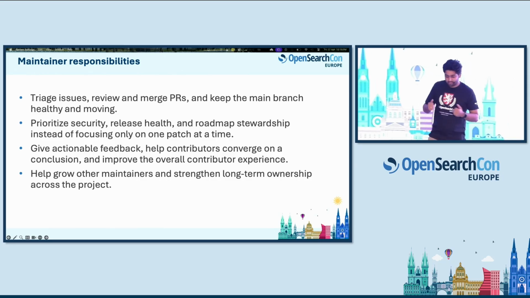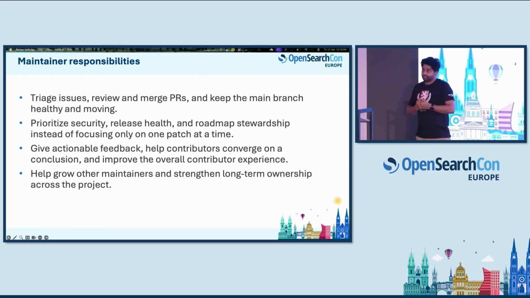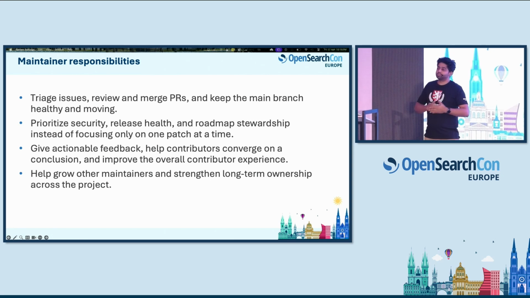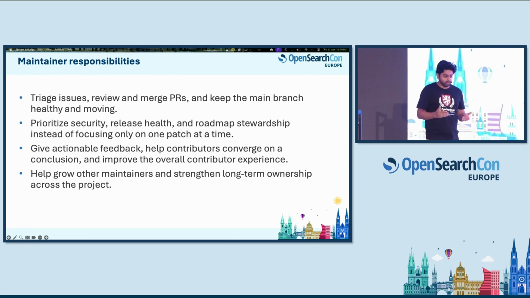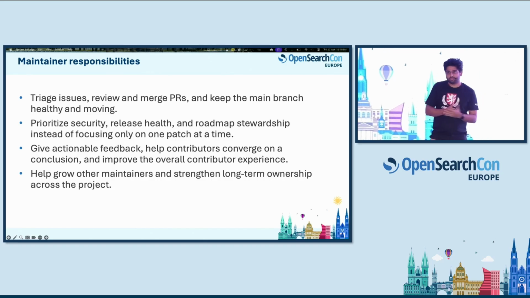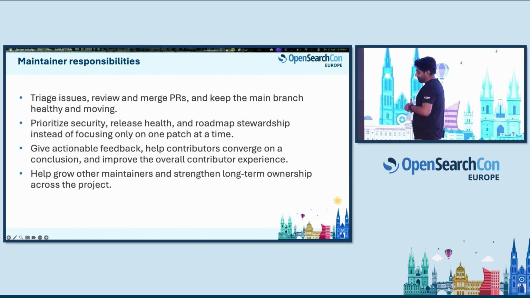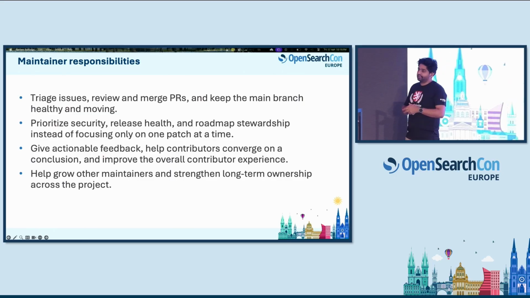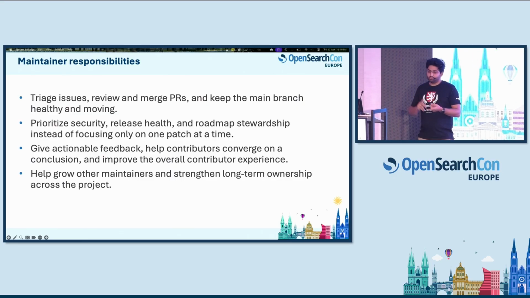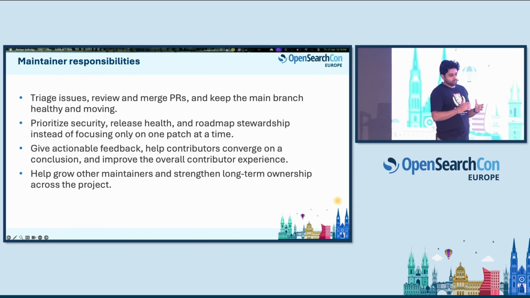After becoming a maintainer, I also learned how I could help grow other maintainers and contributors by giving them actionable feedback. While I was working toward becoming a maintainer, I worked with other maintainers, Baktavar, Gaurav, Sachin, Andrew, if you know those names, and I got a lot of feedback from them.